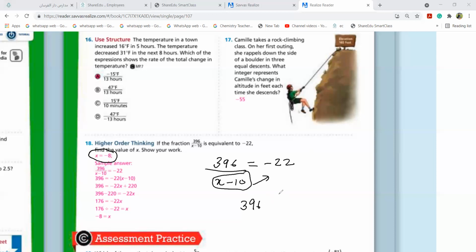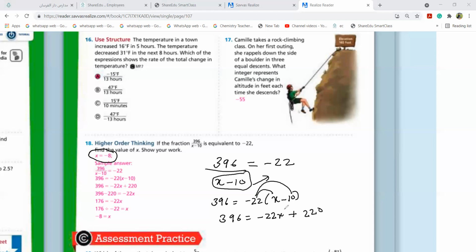So my next step will be 396 equals minus 22 times x minus 10. Now, when you multiply this, it's minus 22x, and minus times minus gives plus 220.